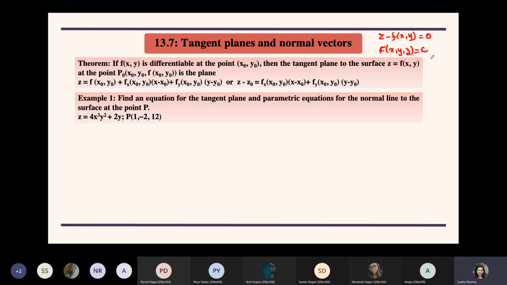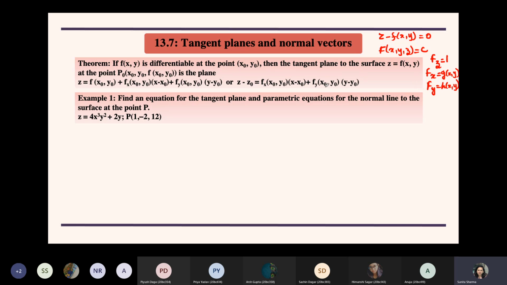Because what will happen is that if this is your case, then if you relate it to this, the partial derivative of F with respect to z will become 1, and the partial derivatives with respect to x and y will be some functions of only x and y. They will not contain z. Say some g and h of x, y.